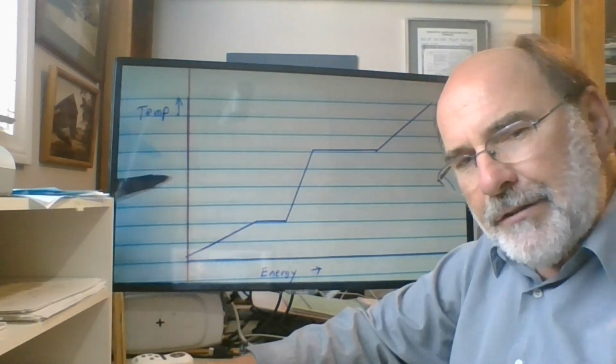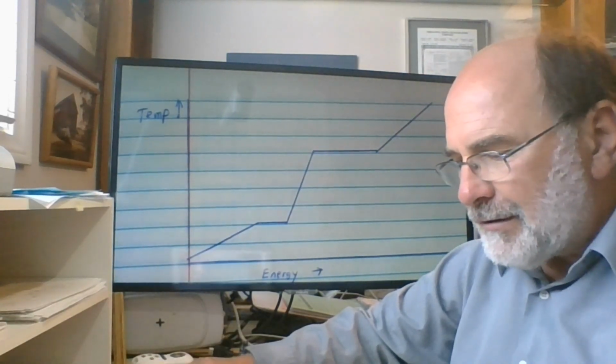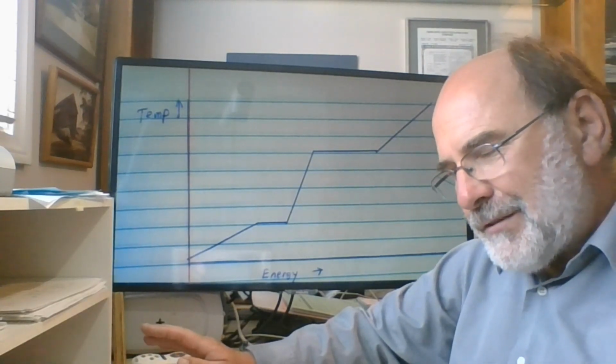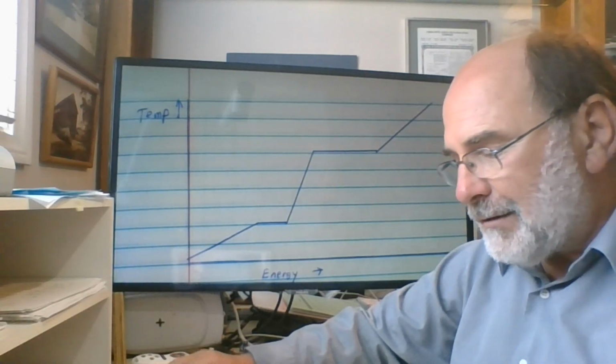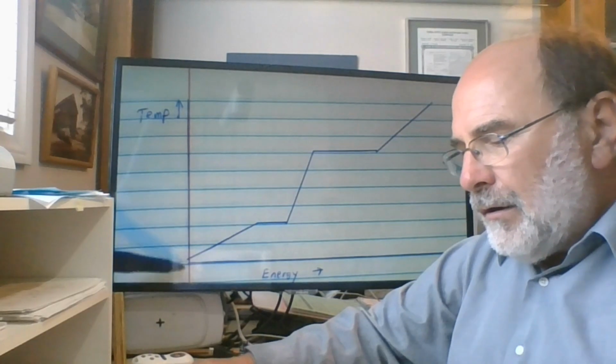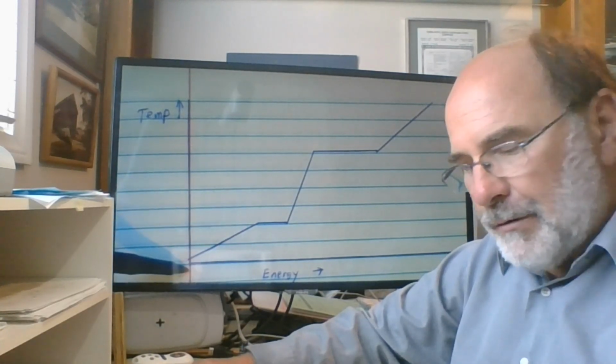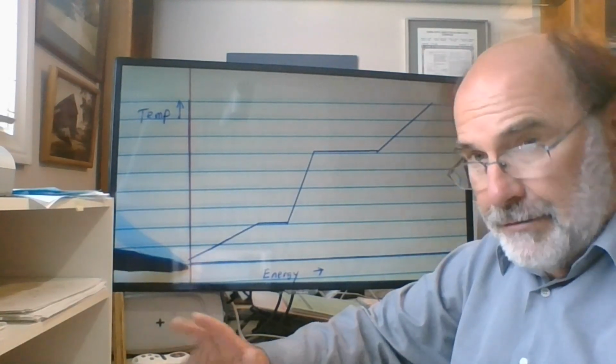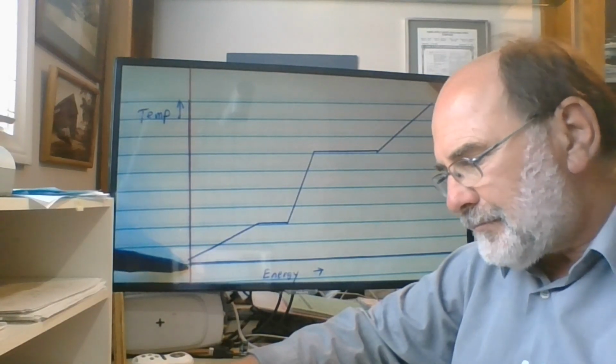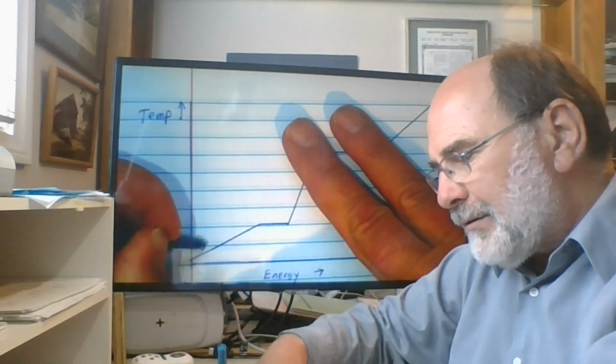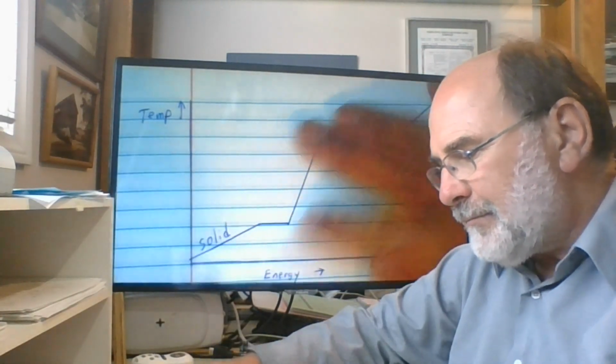So here's a generic curve, somewhat suggestive of water in particular. So in the solid state, water can go down to absolute zero. And I should mark this as being in the solid state, right?